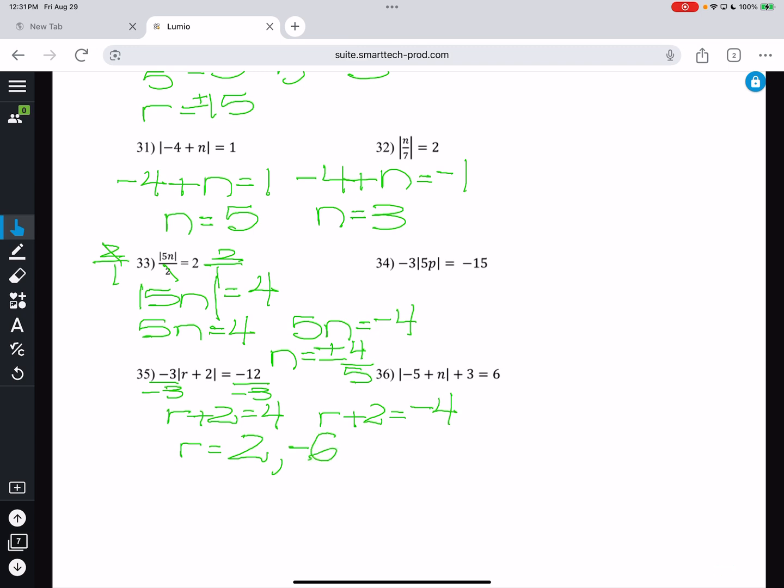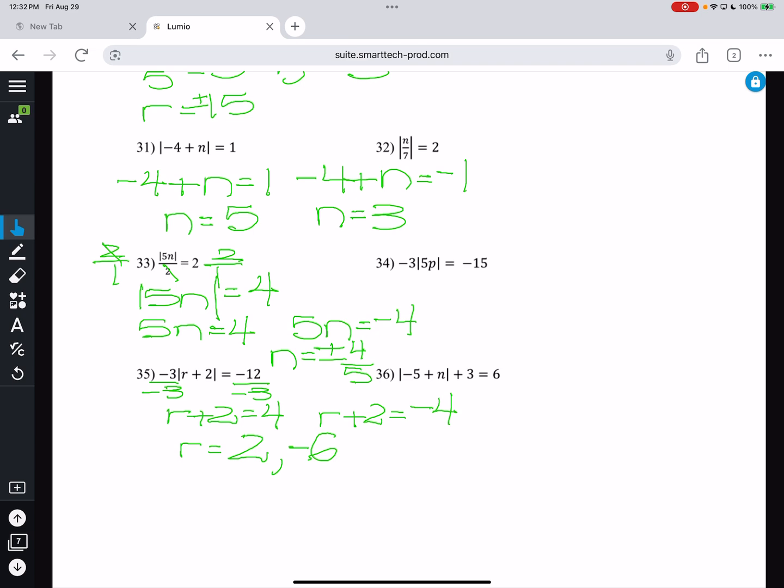How would we write the interval notation for 35? Parentheses. Are they equal or are they less than greater than? Well, look at the problem. Is it a less than greater than or is it an equal for 35? Oh, equal.